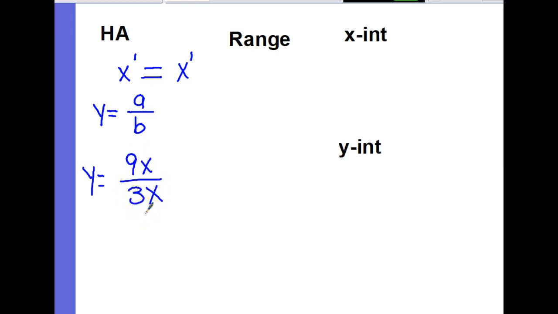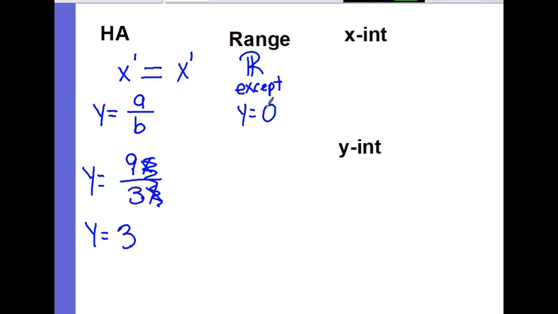You don't care about any of the rest of the equation. Just the part that has the highest degree. Those cancel out. And 9 over 3 reduces to 3. That would be where your asymptote is. And your range is all real numbers except y equals 3.